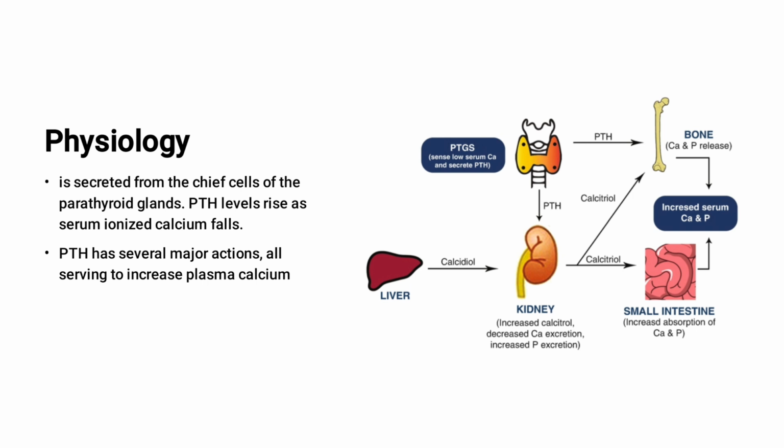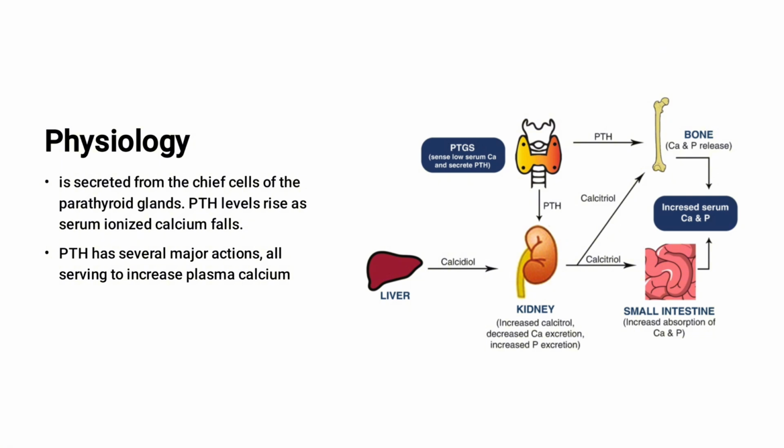Moving on to the physiology, it is important to know the physiology of the parathyroid hormone and what its effect on the bloodstream is. Okay, so basically the effect of the parathyroid hormone is to increase the calcium in the serum. And how can the parathyroid do this? By multiple mechanisms.